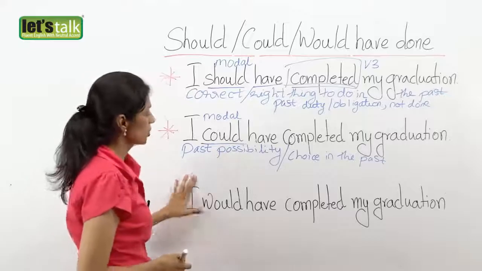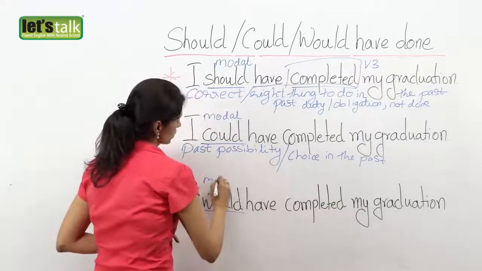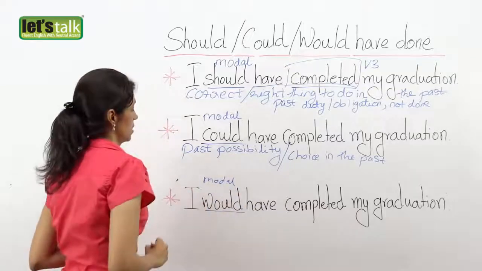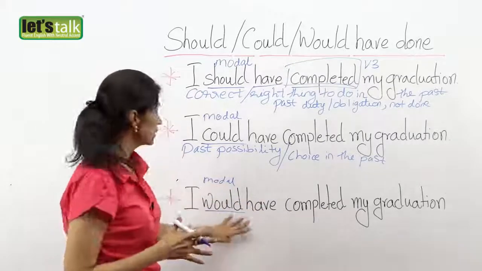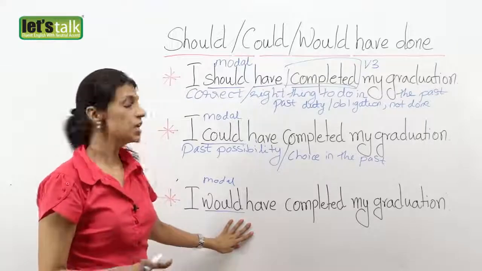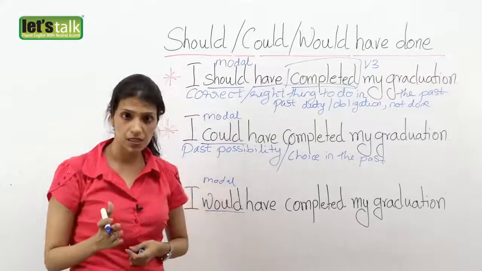Now the third structure, I would have completed my graduation. Would is the modal here. But you say I would have completed my graduation when this also means that you haven't completed your graduation, but here there is a circumstance probably that you faced in the past.